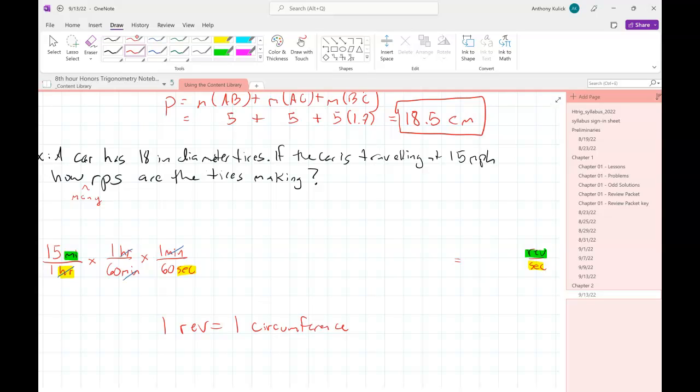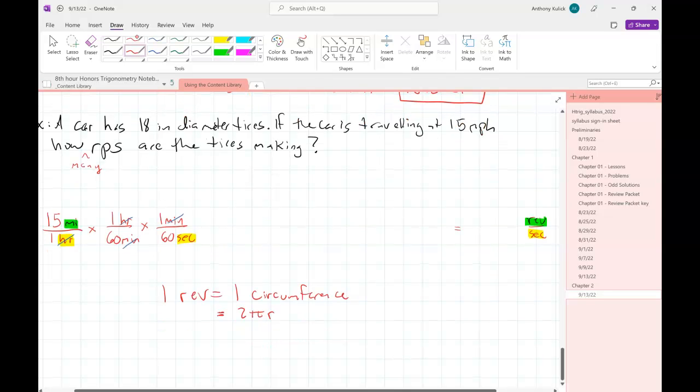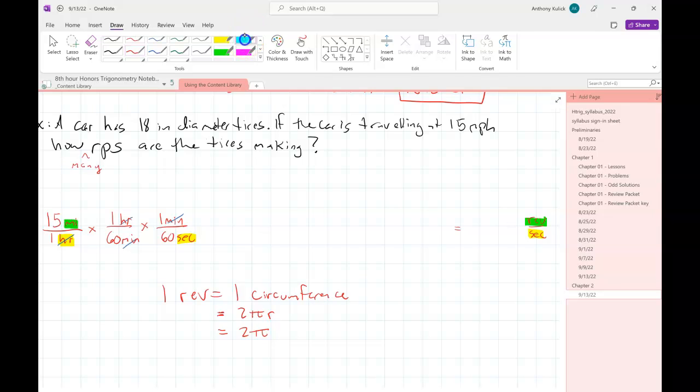Oh, okay. How do I calculate what shape is spinning here? Circle, because we're talking about tires. So the circumference is 2 pi r. And so what is the r in this case? Yeah, that's 9 is the radius, since the diameter is 18.